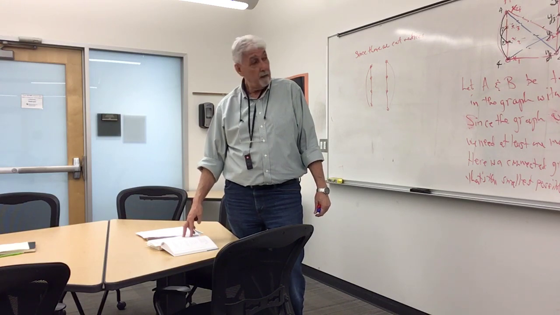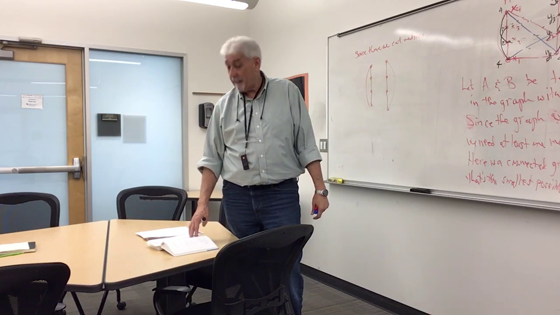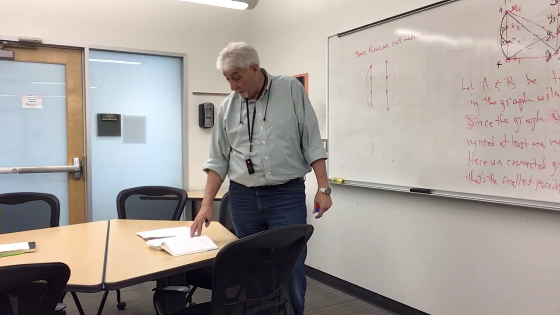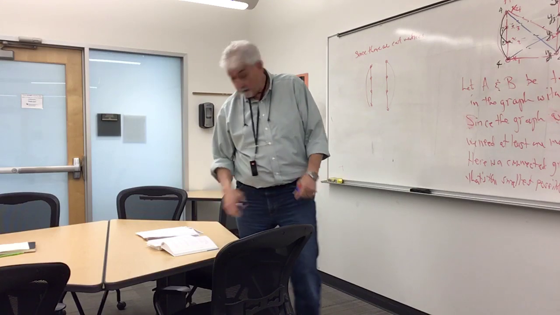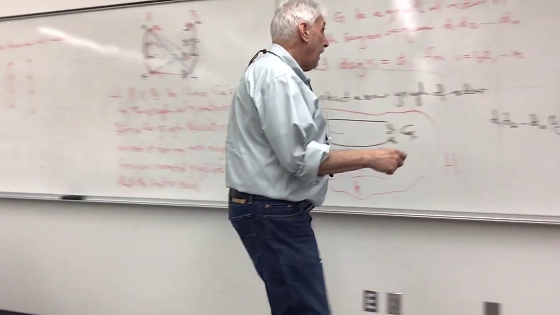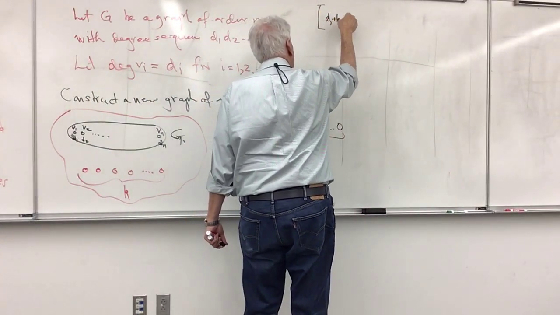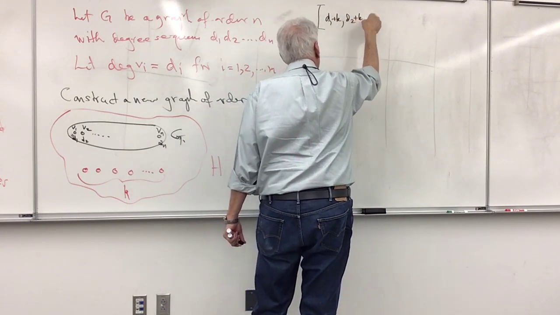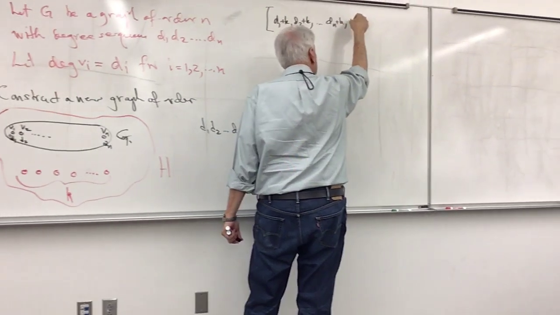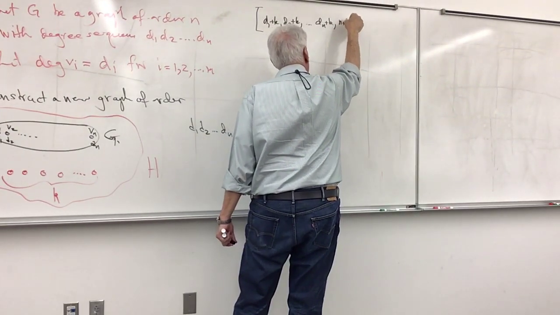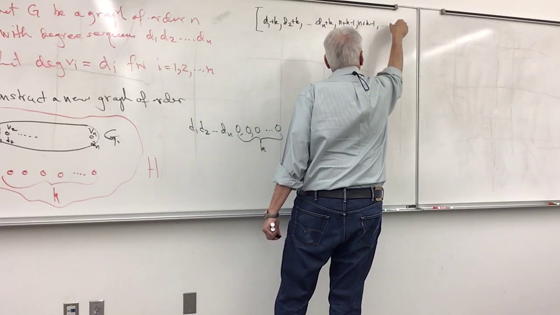Okay? All right, so let's look at these numbers. If you had to guess, and you're going to put D1, I need to get D1 up to D1 plus K. So I'm trying to construct, so this is notes to us, D1 plus K, D2 plus K, Dn plus K, and then n plus K minus 1, n plus K minus 1, n plus K minus 1.